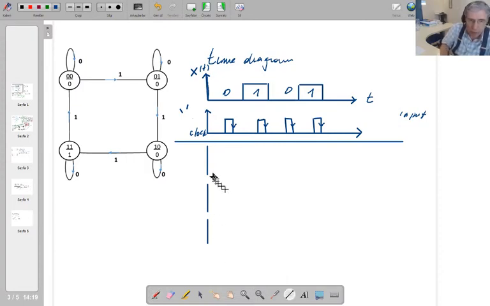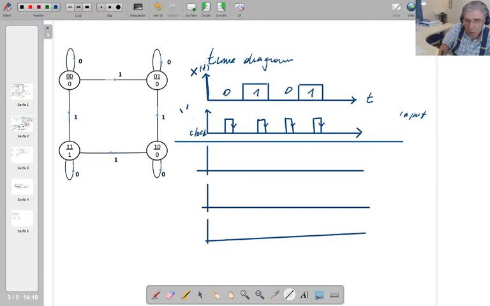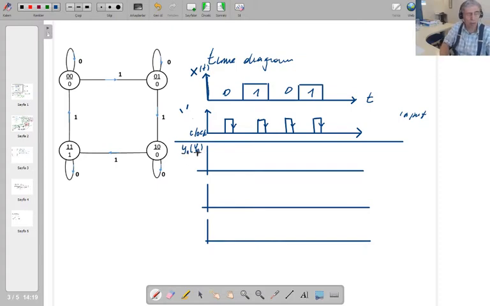So the first one, second one, third one, and that is small y1, capital Y1. As you know, small y1 and capital Y1 is going to be observed on the same wire. So what is the difference?